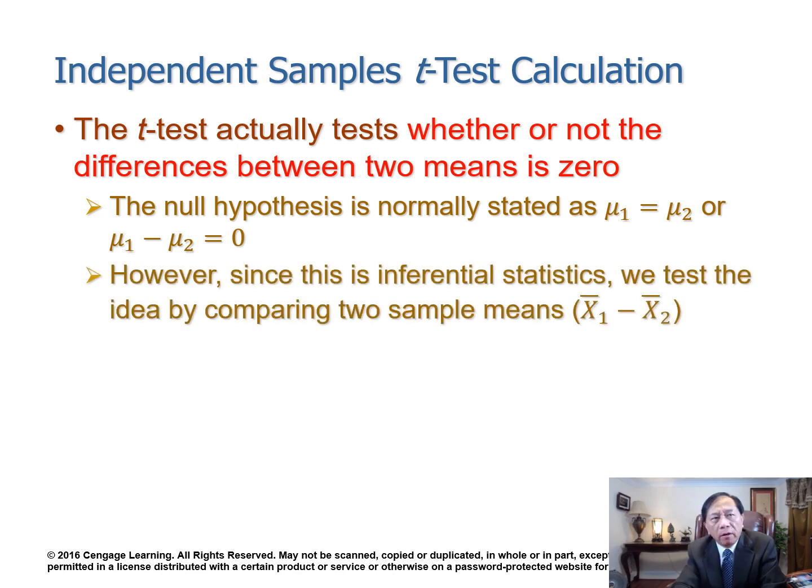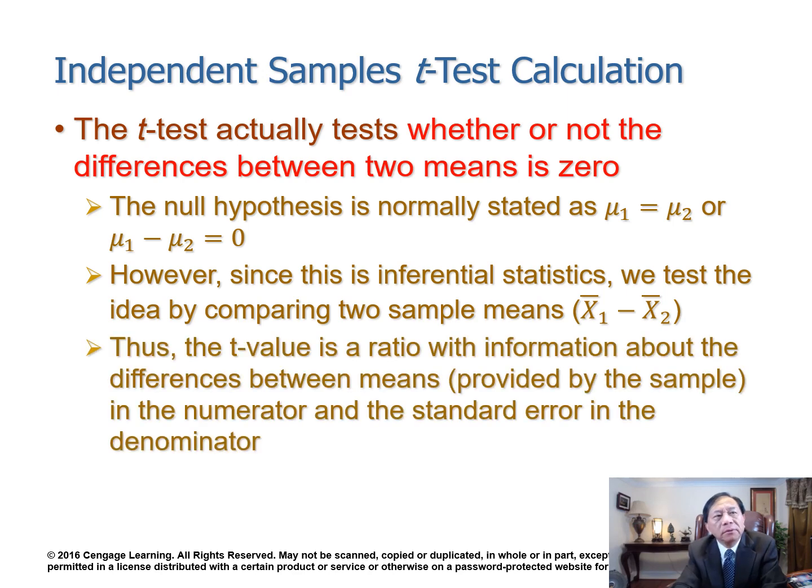Okay? However, since this is inferential statistics, we test the idea by comparing two sample means. We don't have the population means, right? We have sample means x1 and x2. We test x1 bar minus x2 bar, the means of the samples.